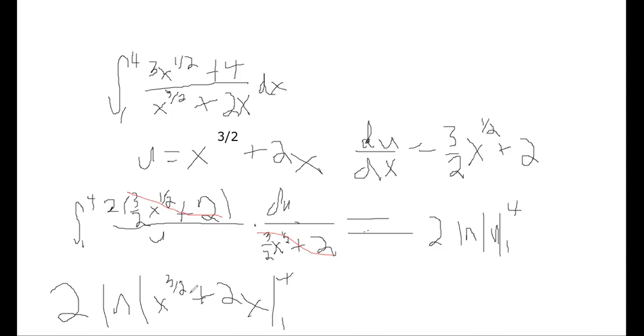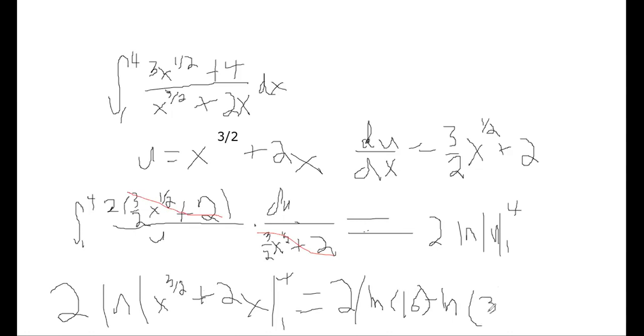And if we plug 4 into this, we'll get 8 plus 8, which is 16. And if we plug 1 into this, we'll get 1 plus 2, which is 3.